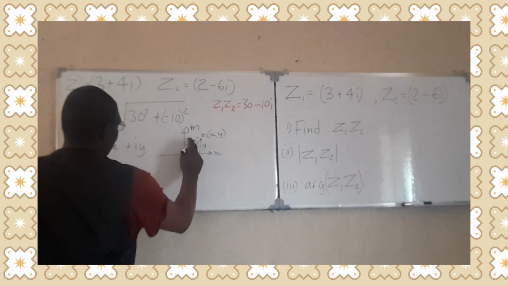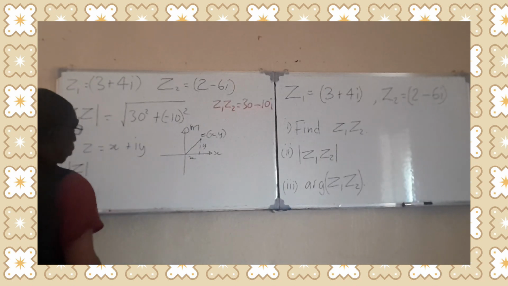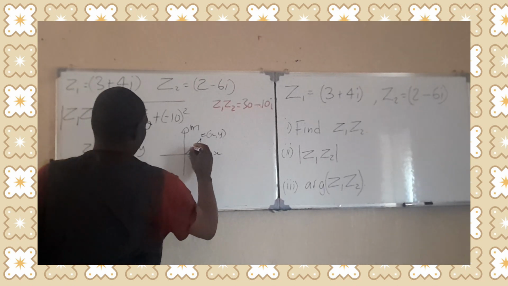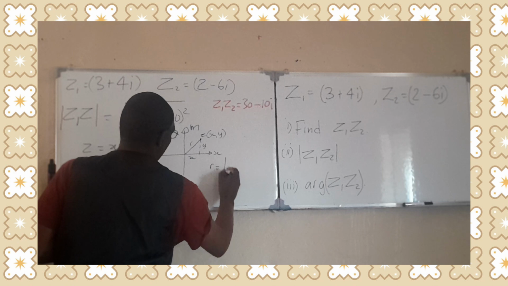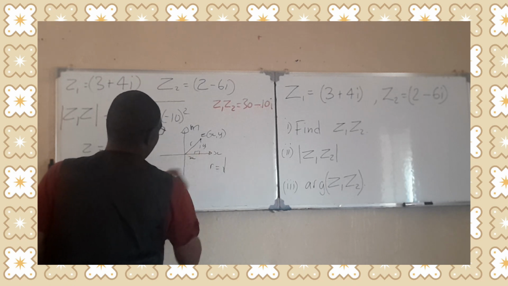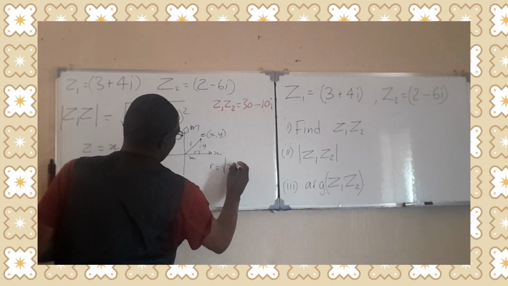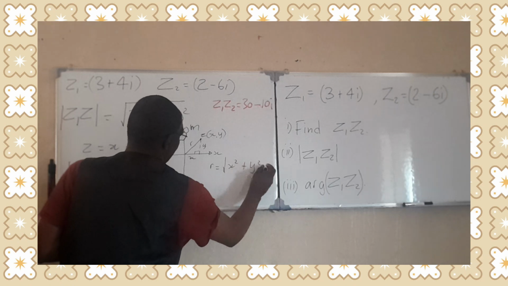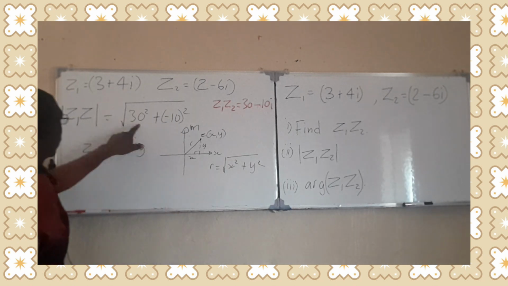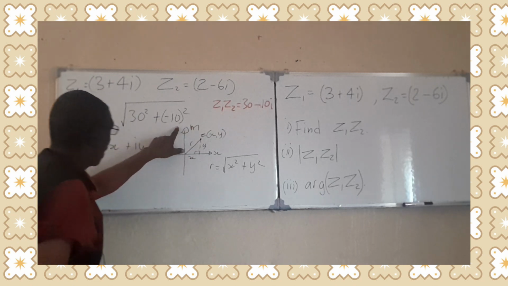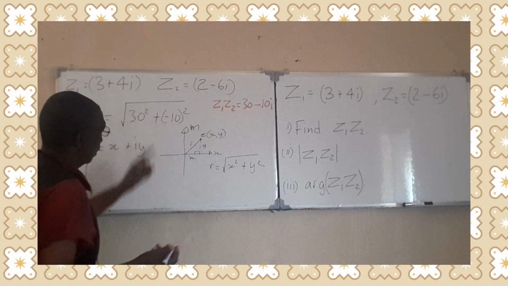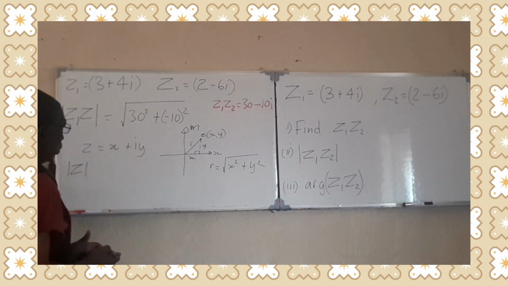So what is this line? From elementary coordinate geometry, if this is r, then from the right angle triangle, r is equal to the root of x squared plus y squared. This is where we got our x squared plus y squared. It's just elementary coordinate geometry.